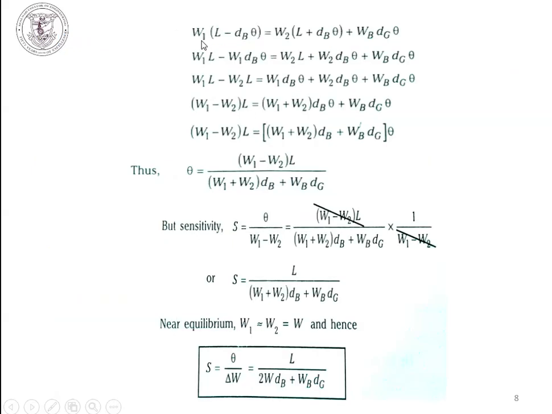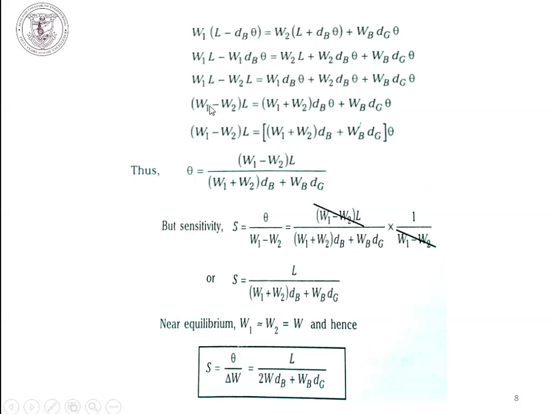So here we can see W1 into (L minus dB theta) is equal to W2 (L plus dB theta) plus WB dG theta. Here we are multiplying W1 into L and W1 into dB theta, and in the same way we do it on the right hand side also. In the next step we bring W2 L to the left hand side and take W1 dB theta to the right hand side.